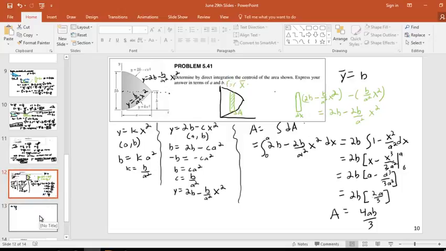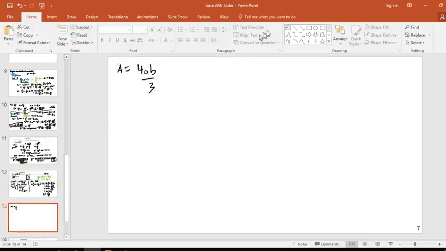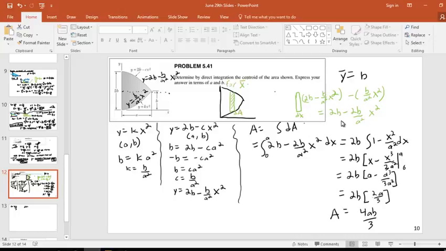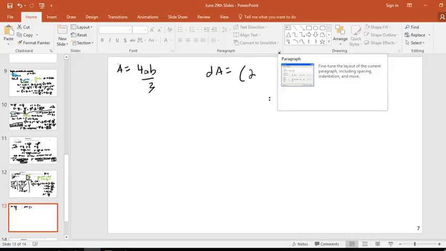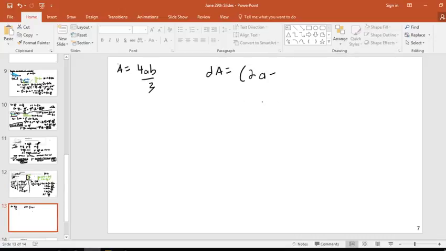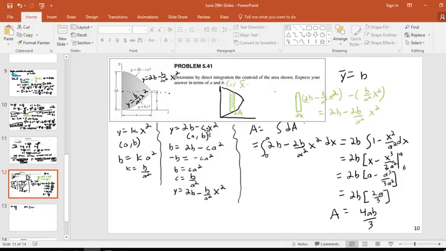And our dA for our integration is 2b minus 2b over a squared x squared dx.